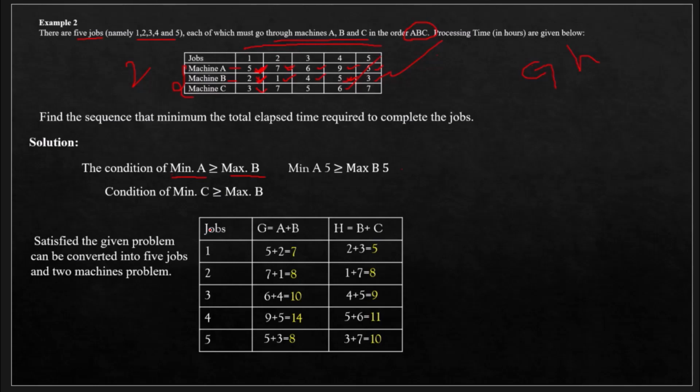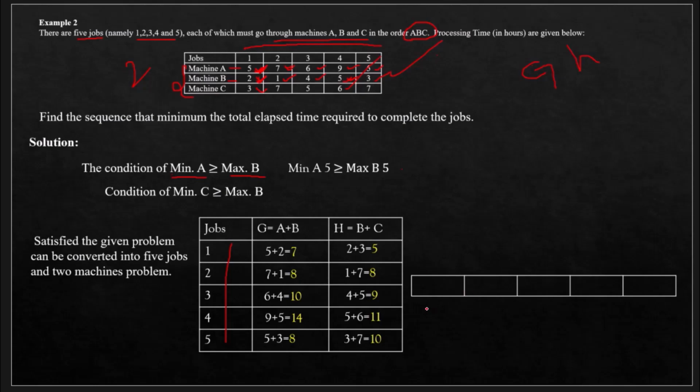Now in the next step we want to arrange all these jobs into a sequence order. Okay, so here we have 5 jobs. First we want to identify the minimum, the smallest processing time job, and then arrange it in these columns.